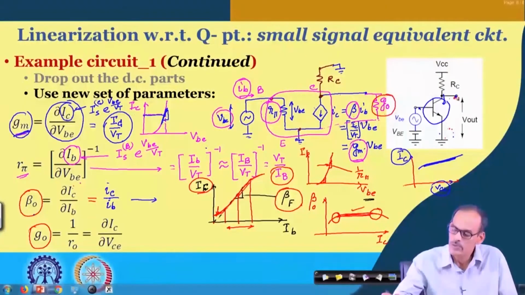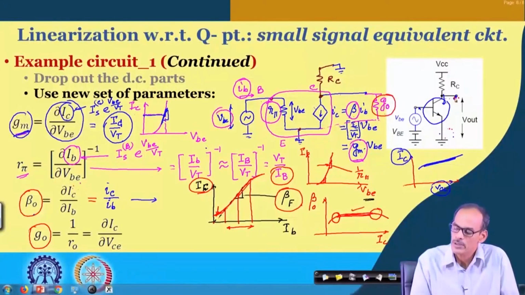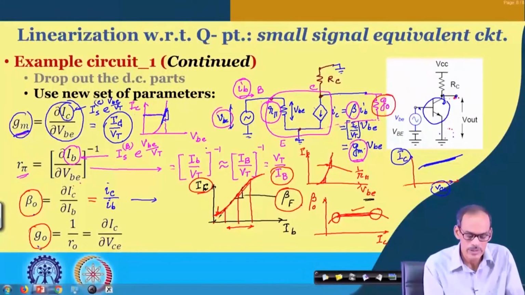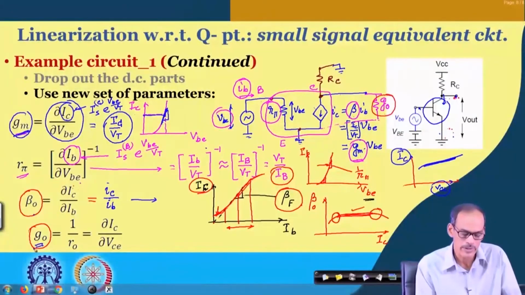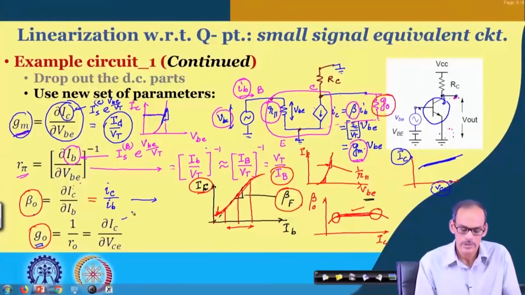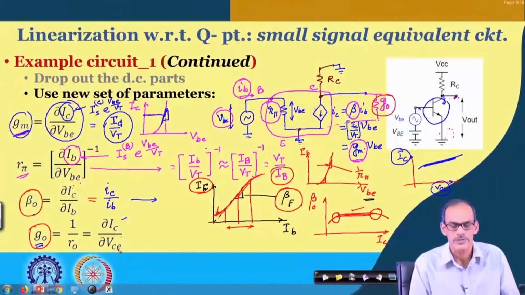Since we change this voltage and observe the same terminal current, if I take the ratio, namely the change in the current with respect to the change in this voltage, that gives nothing but the output conductance. That is why the output conductance g naught is defined by the change in the collector terminal current versus the collector to emitter voltage.